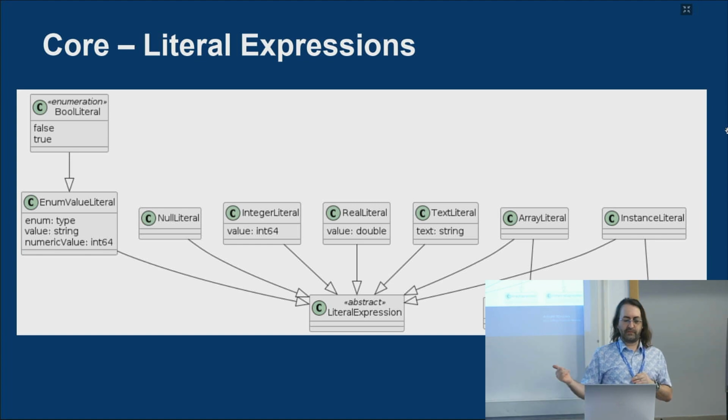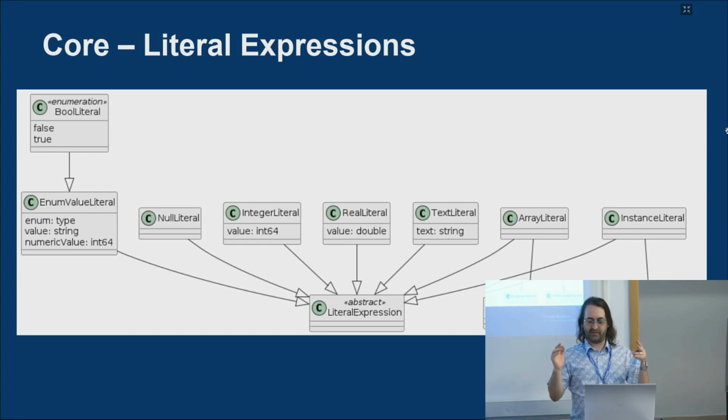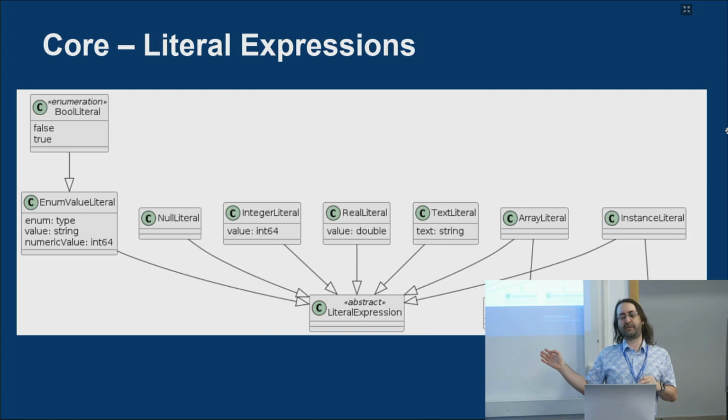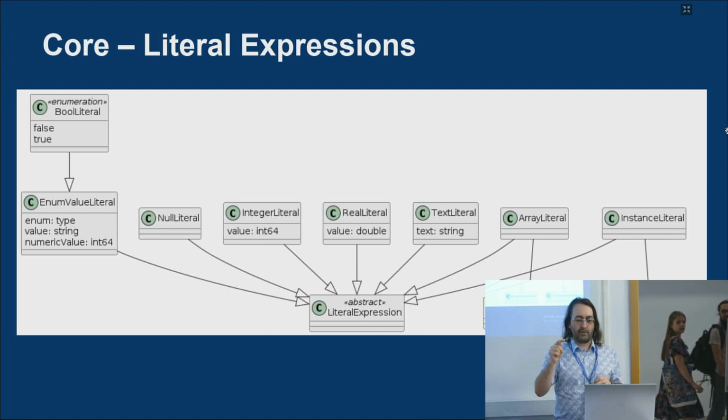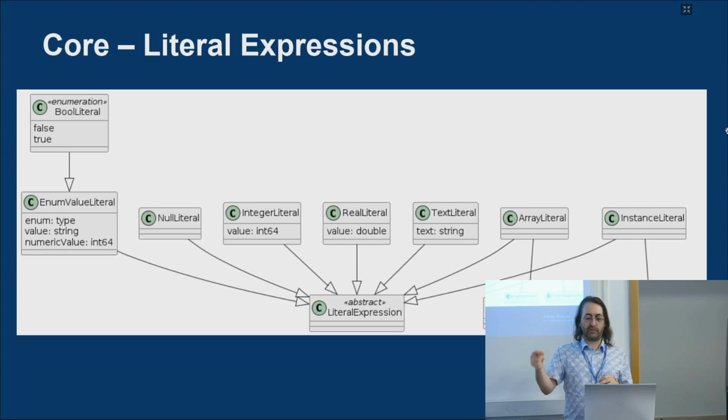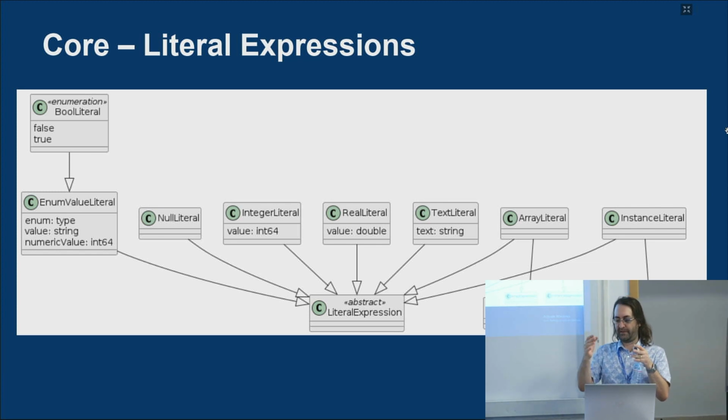In the literals, you can have enums, including booleans, true or false, nulls, integers, reals, text. And if all the elements of an array are literals, then this expression is both a literal and an array, so it's an array literal. And the same for an instance expression. If all of the properties of the instance are initialized with literals, then the whole instance is an instance literal.